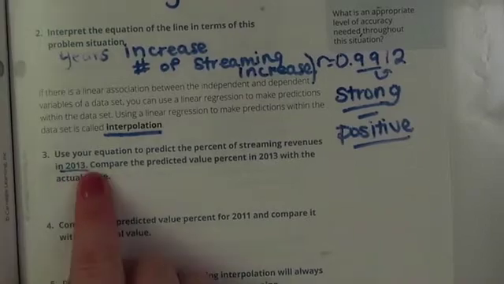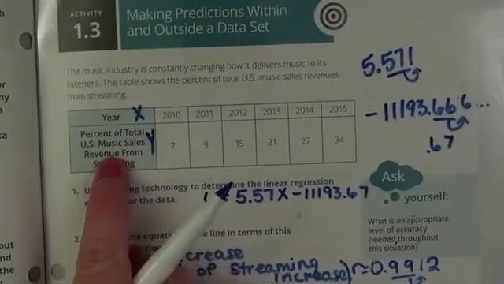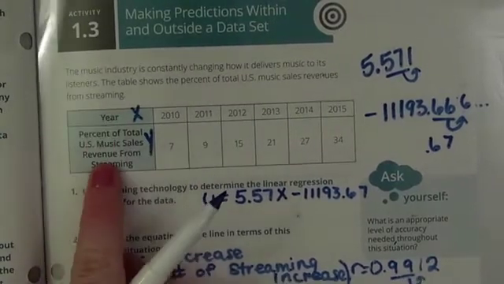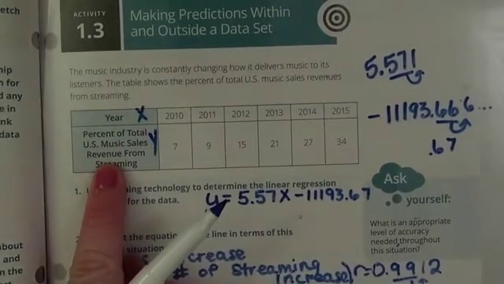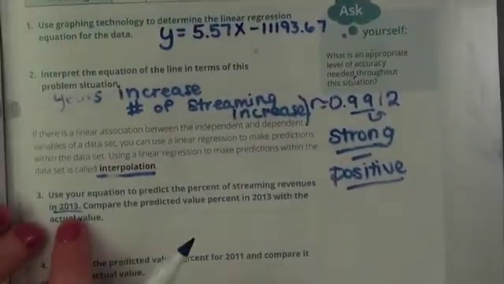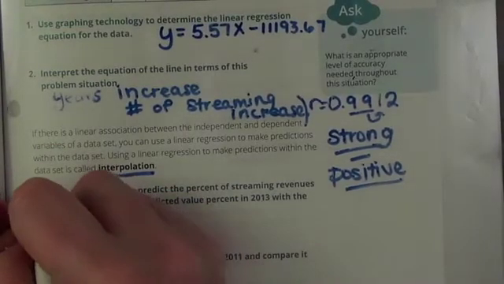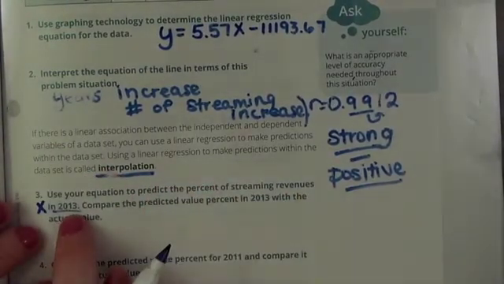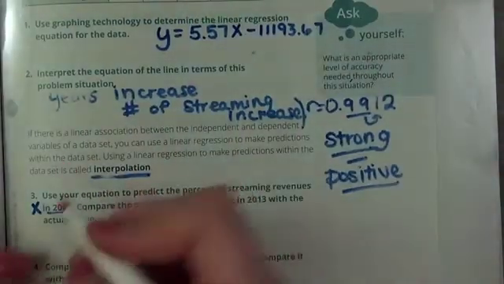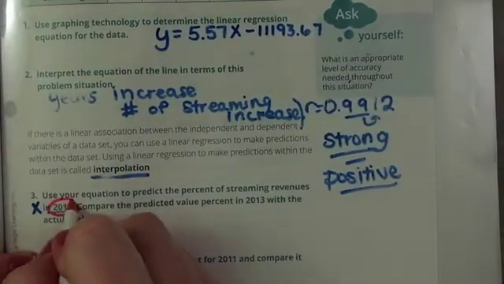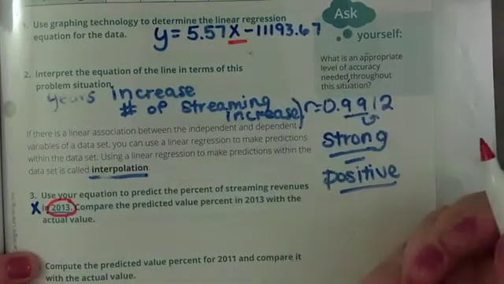This is what we know. Is 2013 a year or a percent? Did they give us a year or did they give us a percent? Well, they gave us a year, so that's going to be our x value. That's what we know. So in our equation, I'm going to plug it in for x.